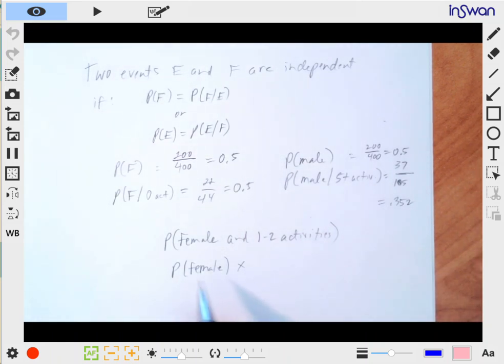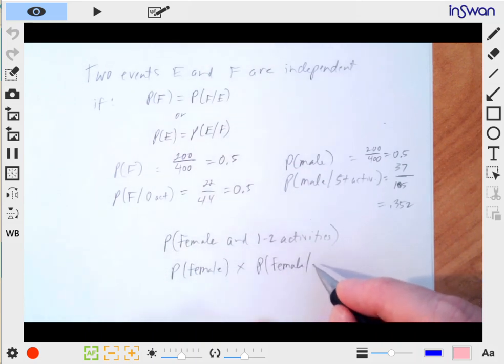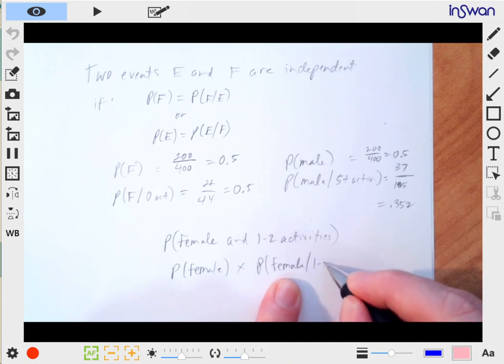Actually, I'm sorry, we just need to find this probability: the probability of being female times the probability of 1 to 2 activities given female.